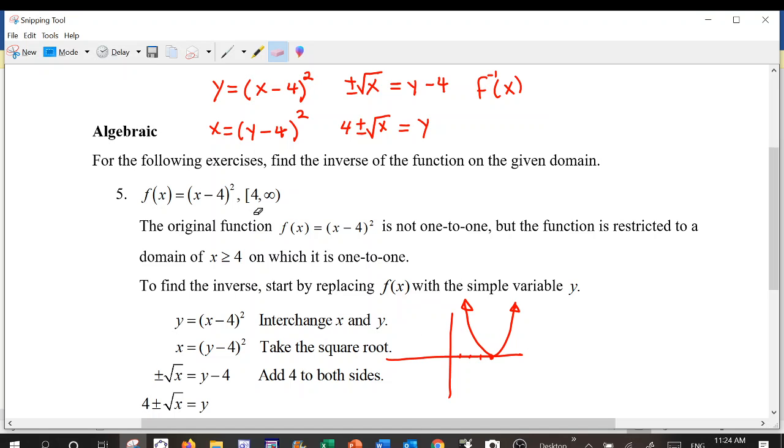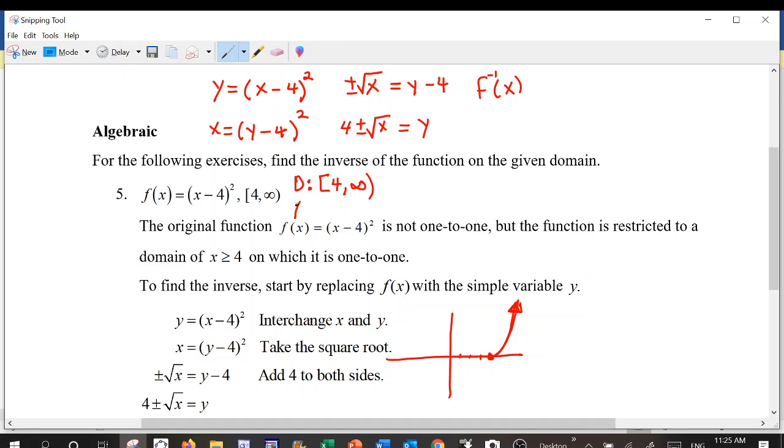But notice here that the domain is restricted to 4 to infinity. That means this part of this is good. This part is no good. So we have to erase that. So the graph that we're looking at is this graph right here, the graph of this in restricted domain.